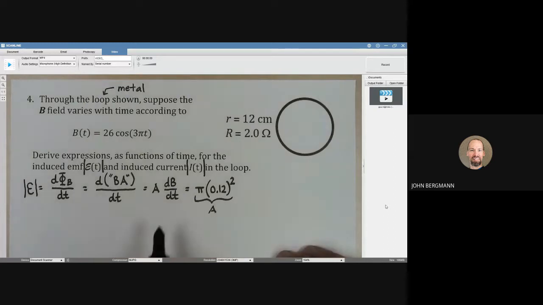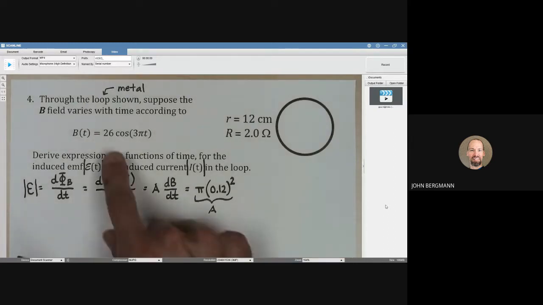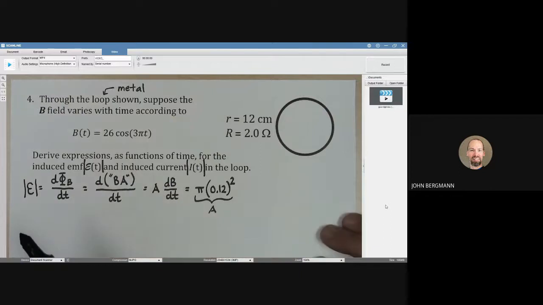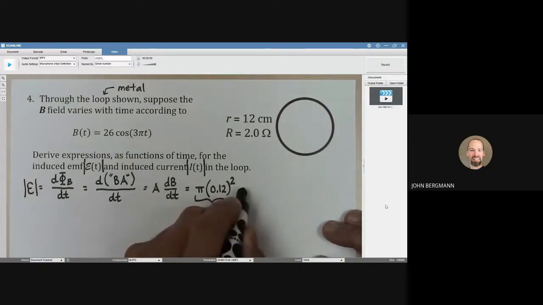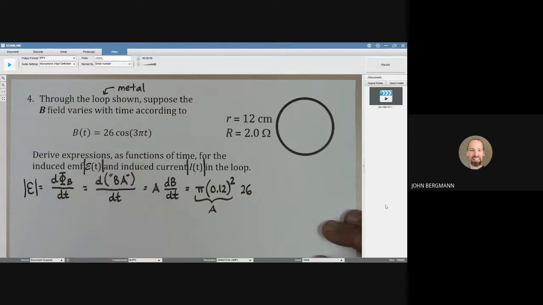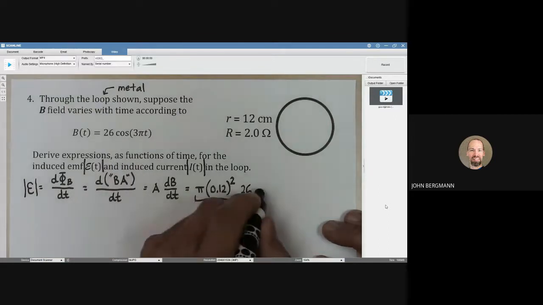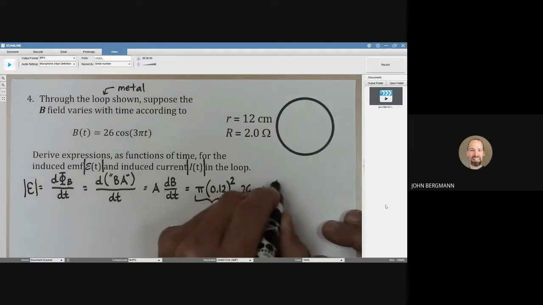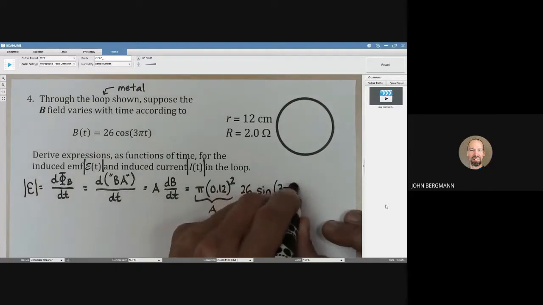There's the area. Now let's differentiate this magnetic field equation. Whenever we differentiate, we've got that constant of 26, which we're just going to rewrite. Then when we take the derivative of cosine, we get the negative sign. We're not worried about positives and negatives here, so I'm just going to write sine of 3 pi t.